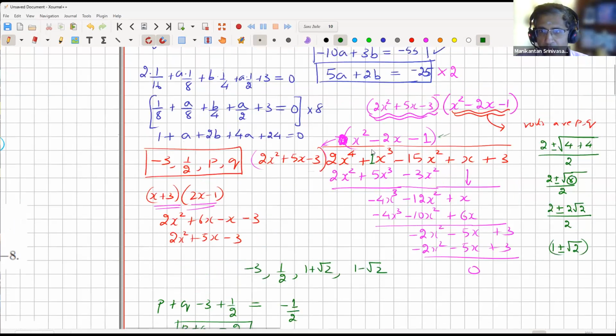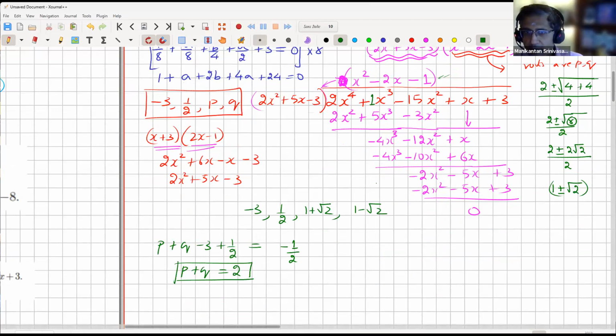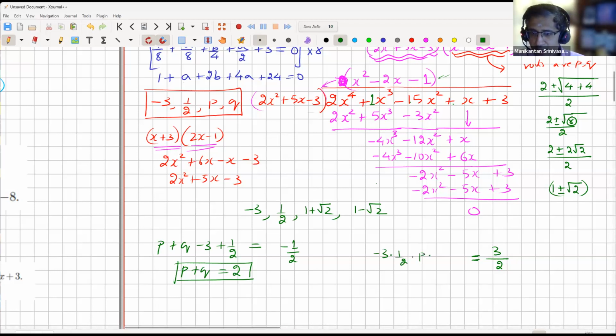Now I can use the product of roots. The product of roots will be e by a, which is 3 by 2. And that is the product of -3, half, p, and q, the extreme ends.